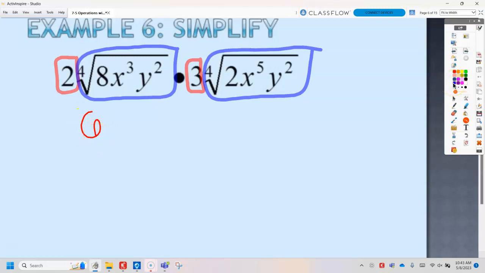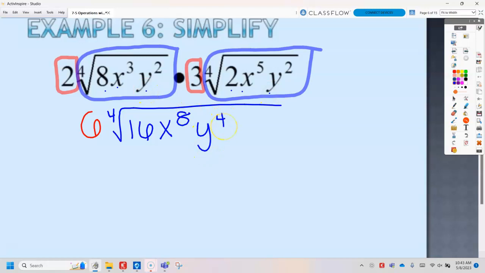And then you get the 4th root. 8 times 2 is 16. X cubed times x to the 5th becomes x to the 8. y squared becomes y to the 4.